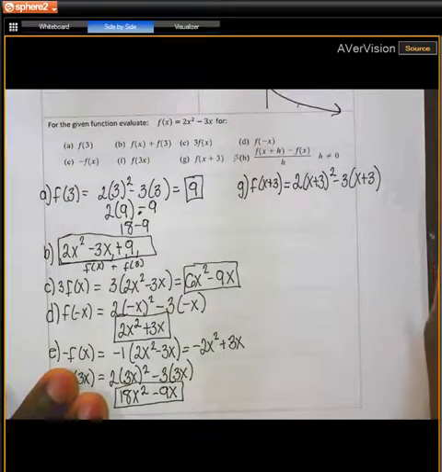This one, to simplify, is a little more work than the other ones have been.